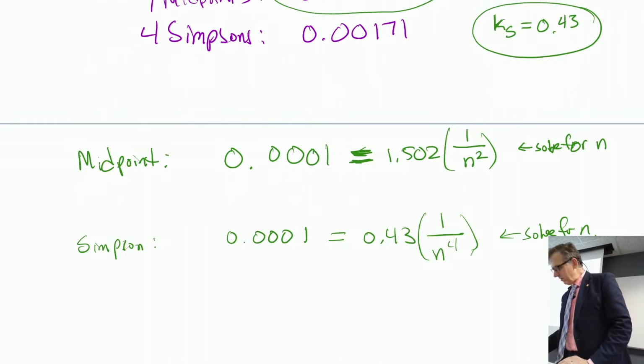I don't think I'll be disappointed with midpoint, though.